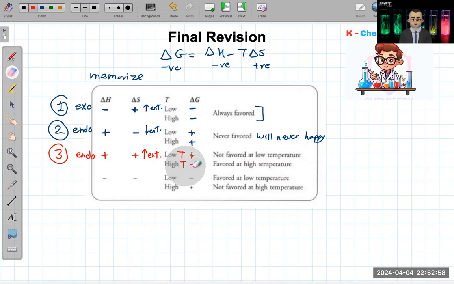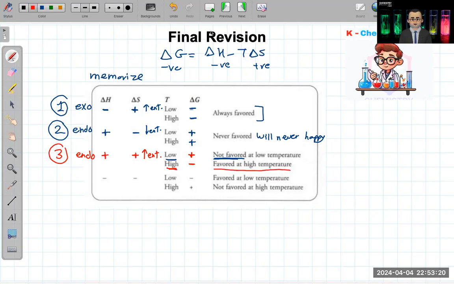Sorry, I will write it as positive and negative. The delta G is positive, and here the delta G is negative. It means that if the temperature is low, the reaction will not happen, and if the temperature is high, the reaction will happen.